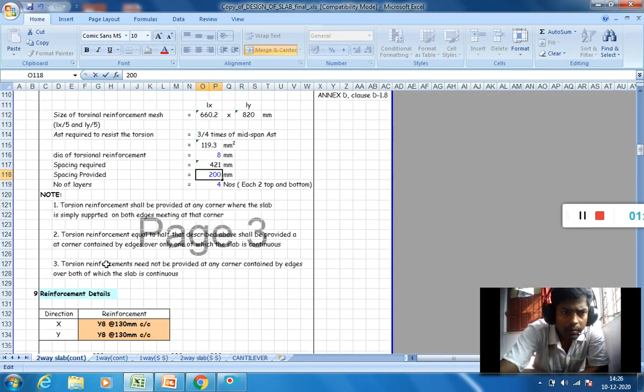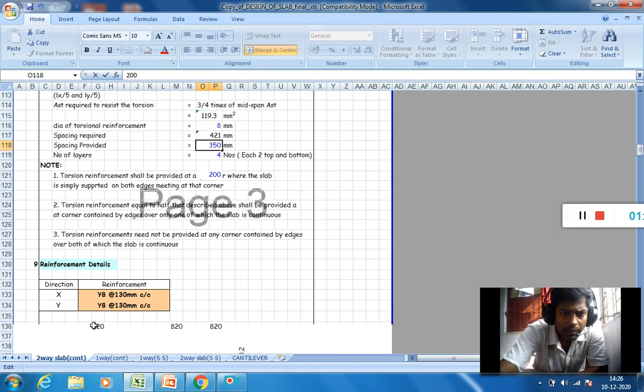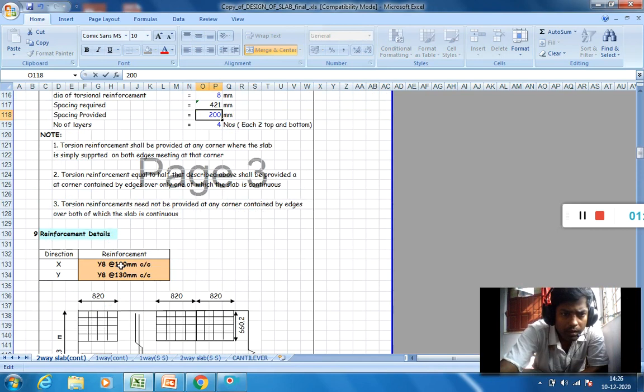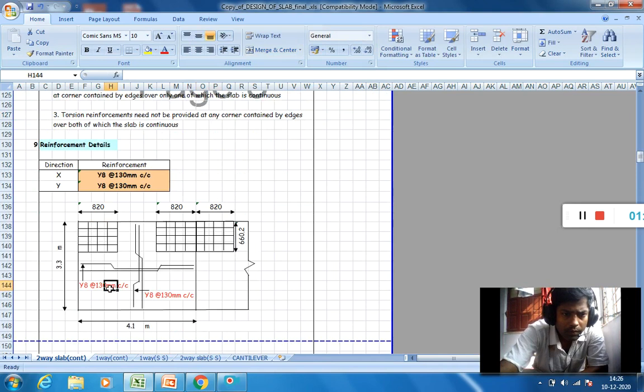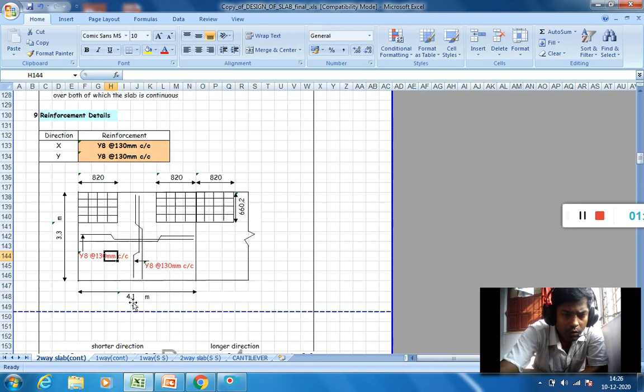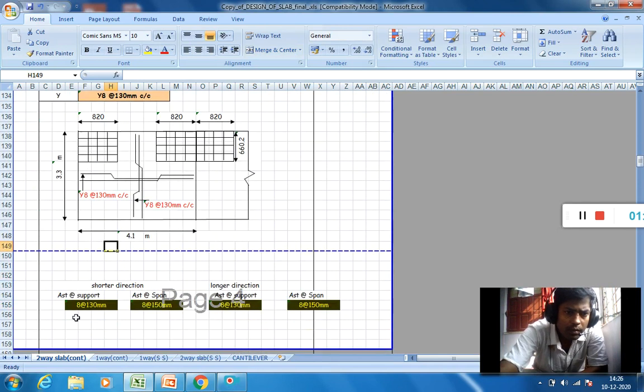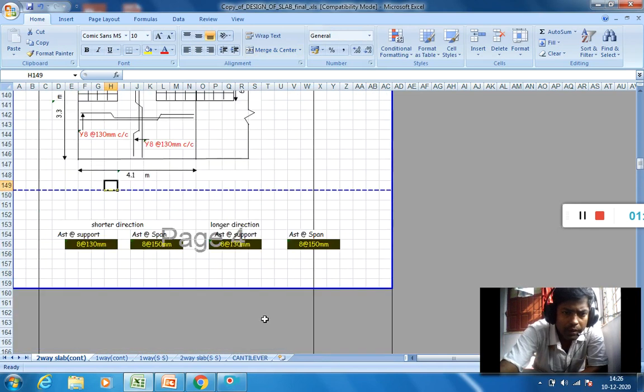Finally all things are given, and the X direction reinforcement: you can check it, 130 top, and the bottom reinforcement is 150. So short direction, okay.